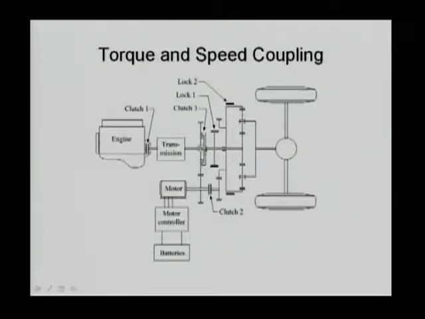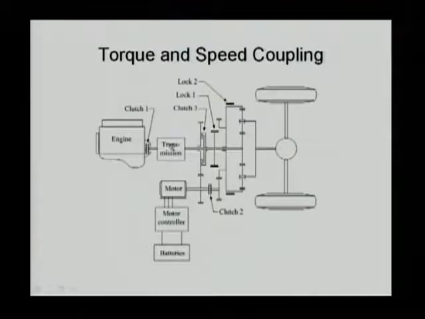So if clutch 3 is engaged, your motor drive shaft is connected to the engine output shaft. If clutch 2 is engaged, your motor is connected to the ring gear of the planetary gear system.